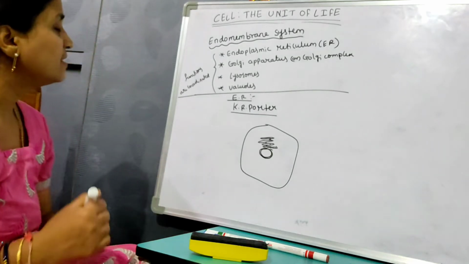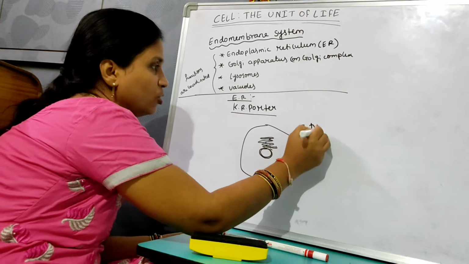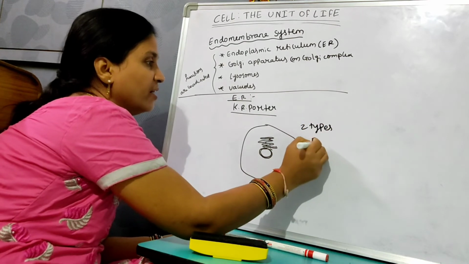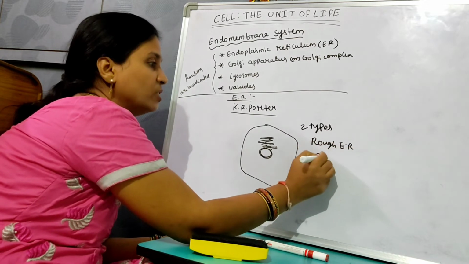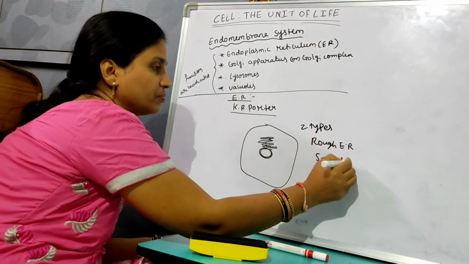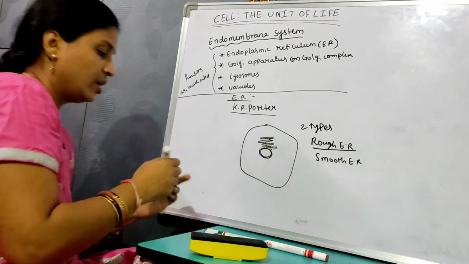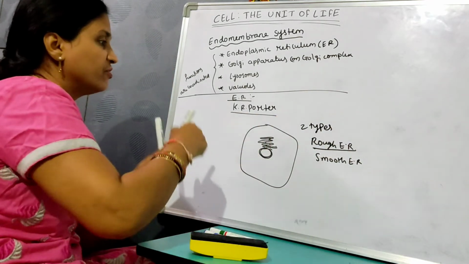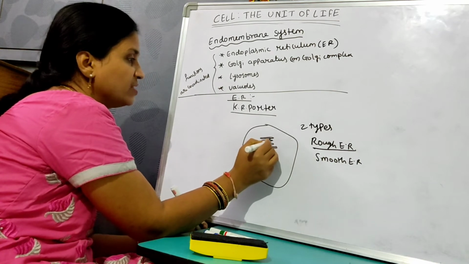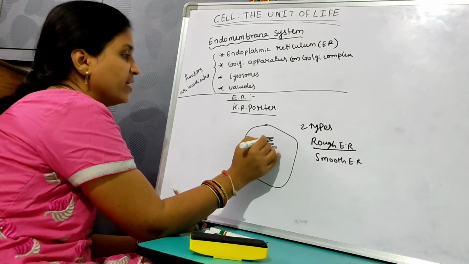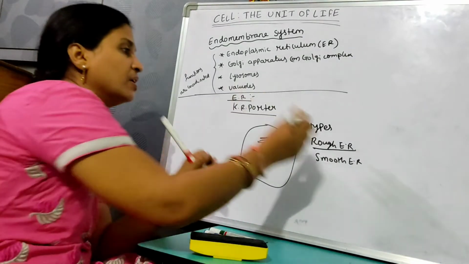Then the endoplasmic reticulum is of two types: rough endoplasmic reticulum and smooth endoplasmic reticulum. Rough endoplasmic reticulum means ribosomes are present on the surface. The ribosomes are attached to the ER, so it is called rough endoplasmic reticulum.